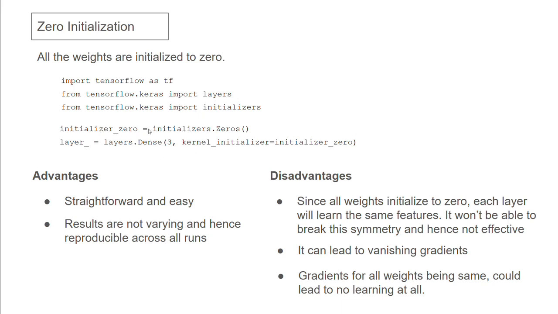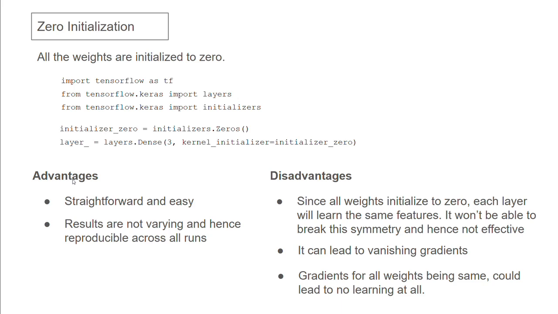We just use the initializer and then put it in the layers. So what are the advantages? The advantage is pretty straightforward, just initialize everything to 0. Also the results are not varying, hence reproducible across all runs.